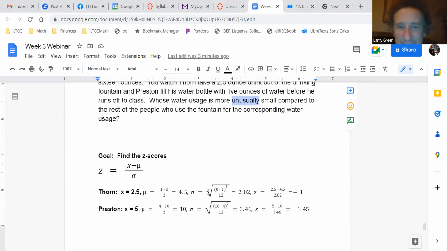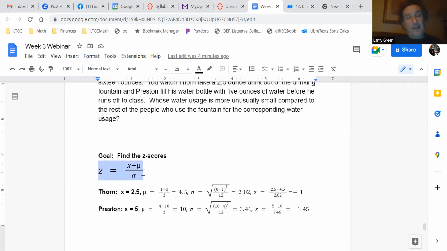Okay, so I kind of did it. It's a little messy, but I'll talk through it slowly. Even though I wrote it out, I want to go slow. So the goal is to find the z-score, and this is an important formula: z equals (x minus mu) over sigma.